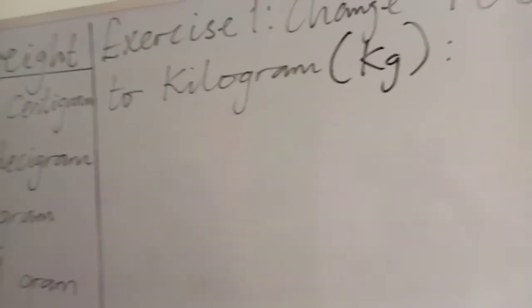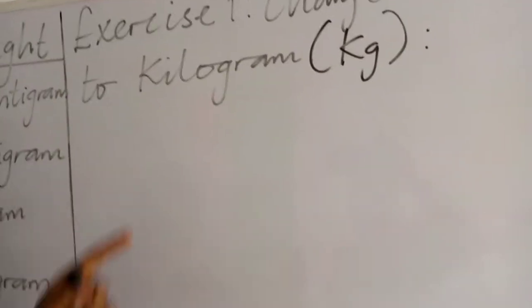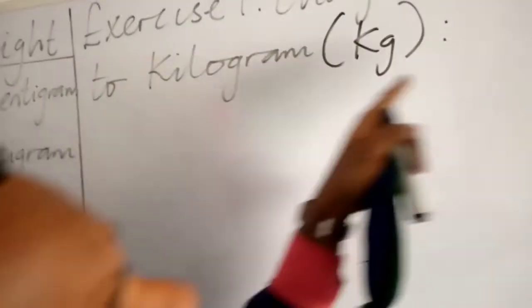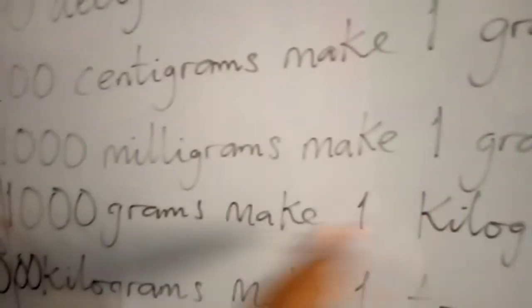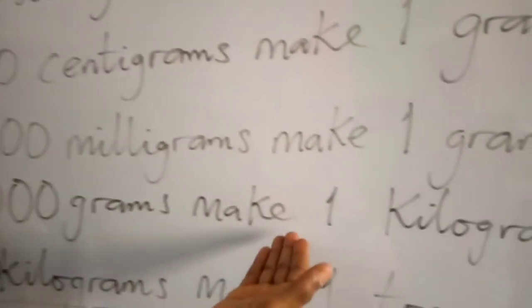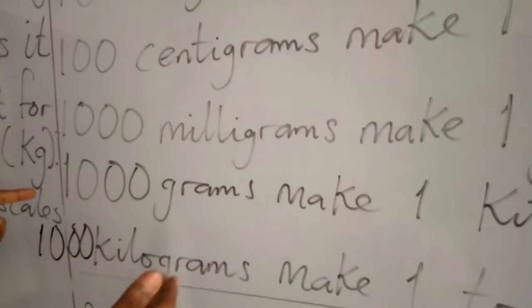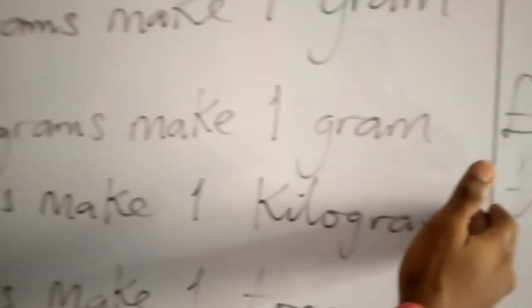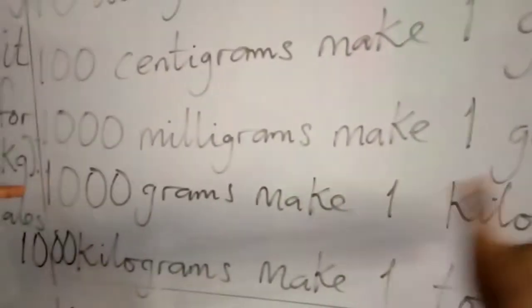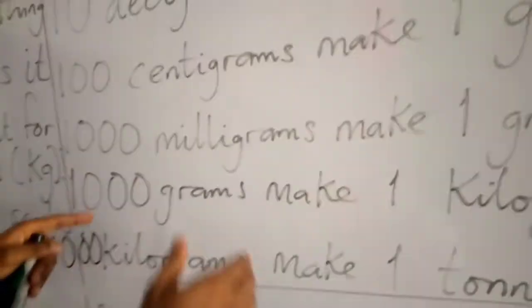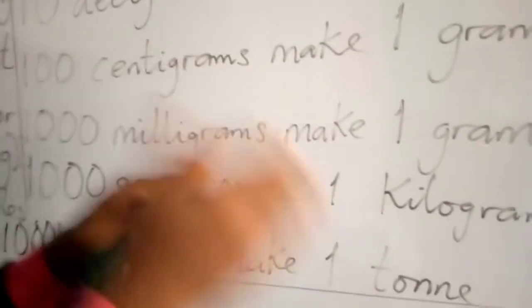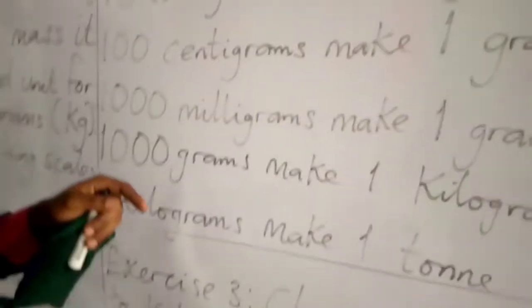Now remember what I said. The relationship between kilograms and grams is 1000 grams make 1 kilo. It doesn't matter which one comes first. What matters is that you go to your metric table on weight and get the relationship where you have grams and kilogram together.